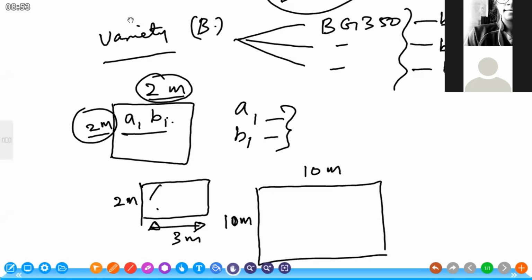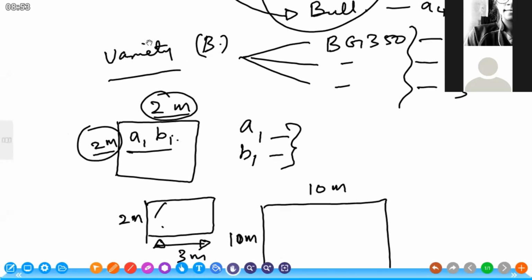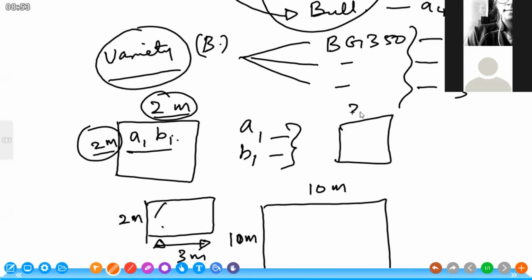But does variety need a large plot? No, variety we can plant in 2 into 2 meter, for example. In 2 into 2 meter, how many paddy plants can you plant? What is the spacing? Danesh Kumar, if it is transplanted, what is the plant density?